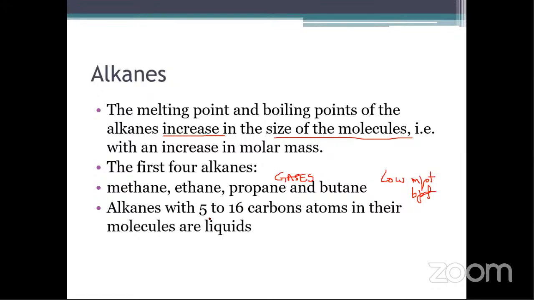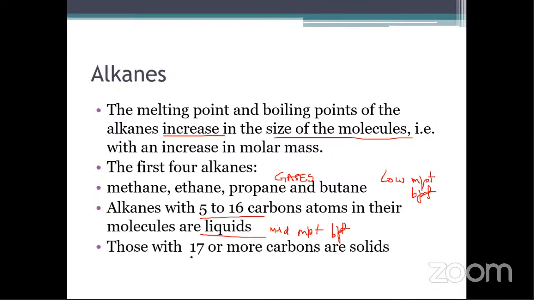While alkanes that have 5 to 16 carbons are liquids because they have medium or midway melting and boiling points. While even more carbons, 17 or more, are solids because they have really high melting points. All right. That's where you get your waxes and those things.